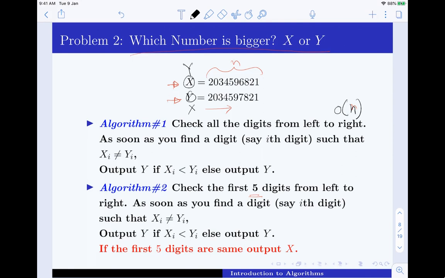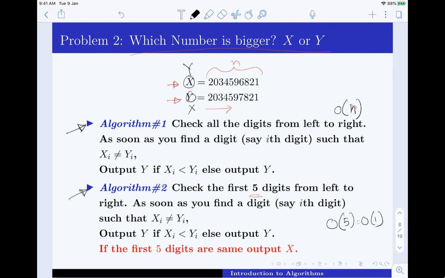And in algorithm 2, the total number of steps taken is something of order 5, which we basically say is order of 1, right? A constant number of steps. So I have this algorithm 2 where the number of steps is some constant, and algorithm 1 where the number of steps is order n.